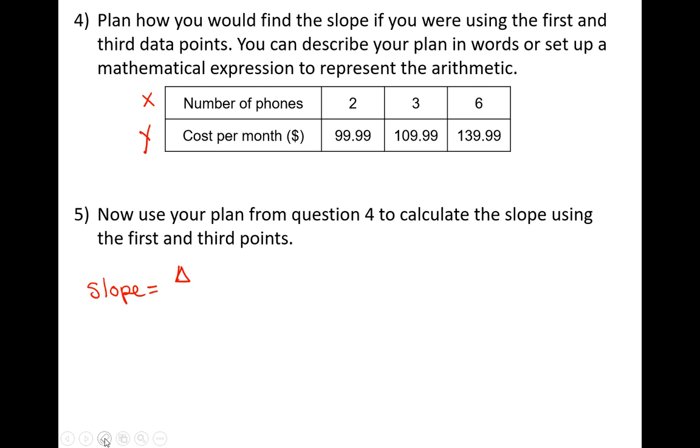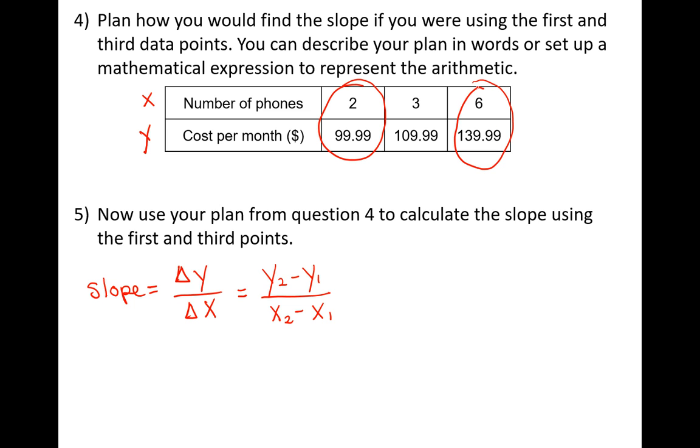We must do a change in Y divided by a change in X. And it doesn't matter which 2 points you use. A lot of times you see this written as Y2 minus Y1 over X2 minus X1, and you just pick any 2 points. They're asking us to use the first and third points. So we're going to use this point and this point.